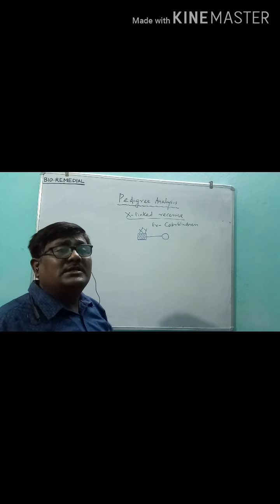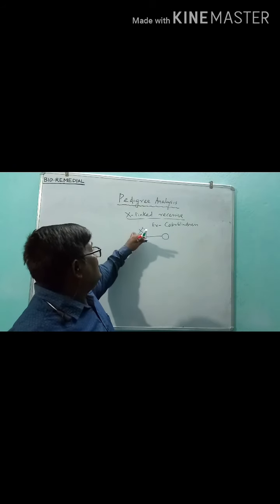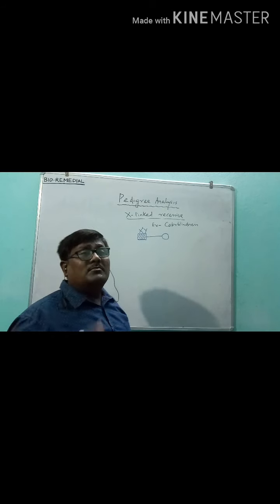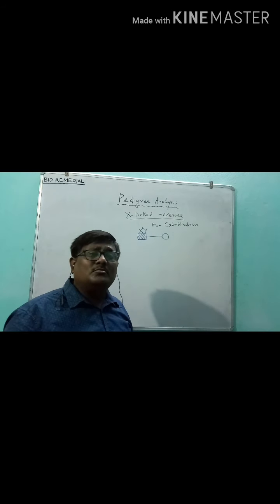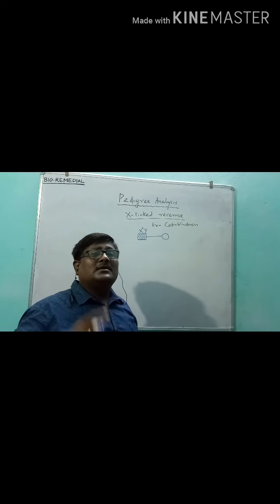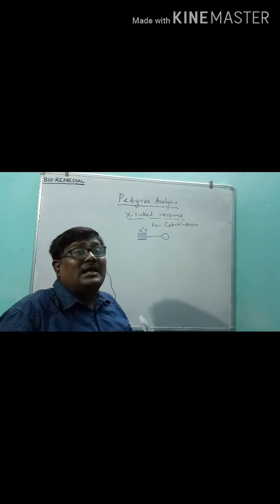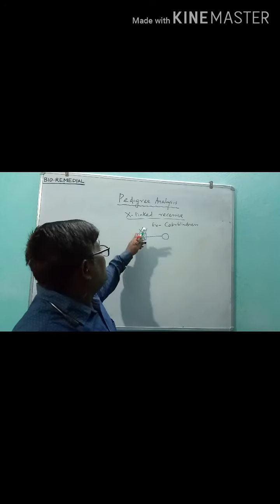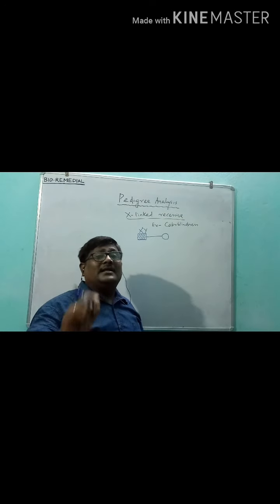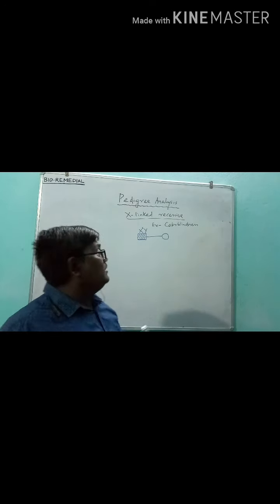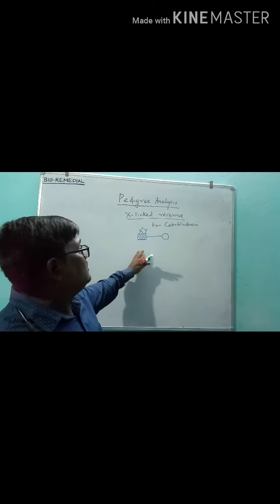Understand, the Y chromosome is nothing, it is holandric. Here the male having a defective gene on the X chromosome is as good as a dominant or recessive disorder. Whether X-linked dominant or X-linked recessive, the defective gene will only be on the X chromosome in the male. So this is the condition we can take.